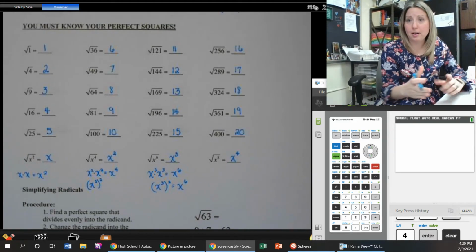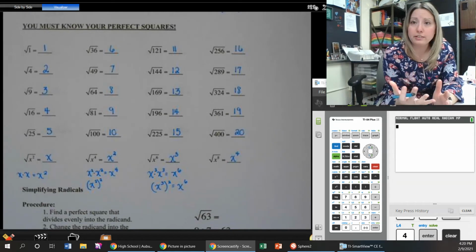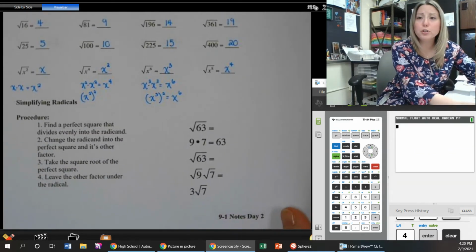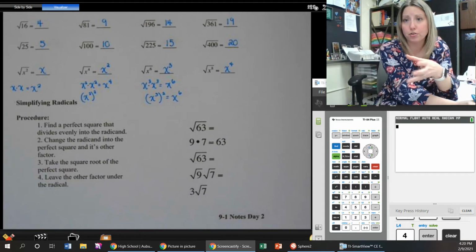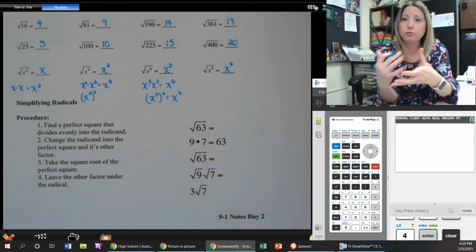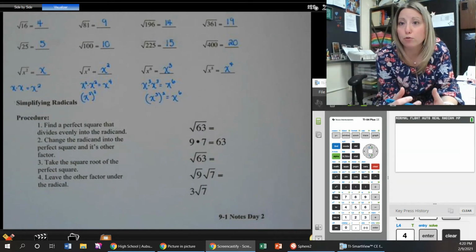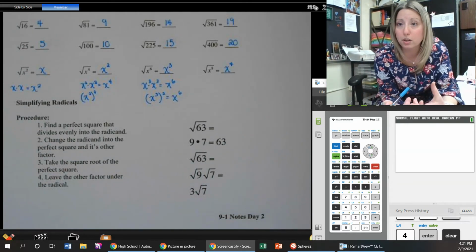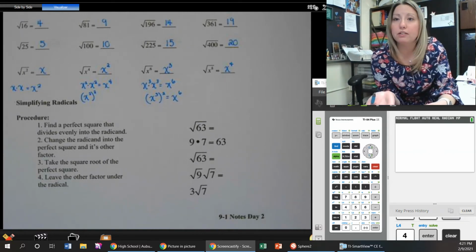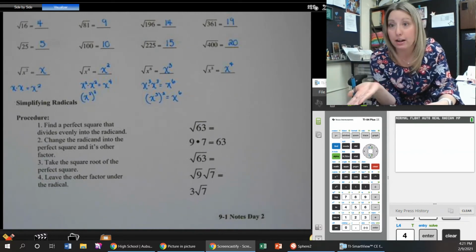So yesterday, I introduced you to this idea of simplifying radicals by never leaving a perfect square under a radical. Anytime you have a perfect square, you have to take its square root and bring it out from underneath a square root symbol. But that also applies to perfect square factors.